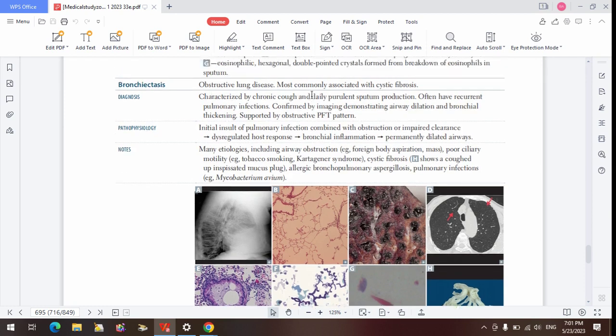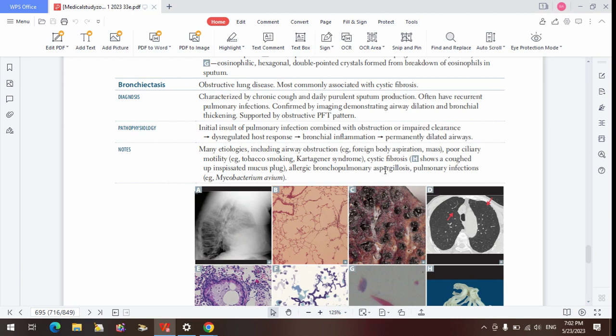Now, how does it happen? What are the causes? Let's start with the causes. Anything that can cause airway obstruction. Maybe you have a lung mass from a malignancy or foreign body aspiration. That means that mucus cannot go up along the airways to be expectorated or swallowed into the stomach and cleared. It will keep accumulating within the lungs, and at the end of the day, it will cause airway obstruction.